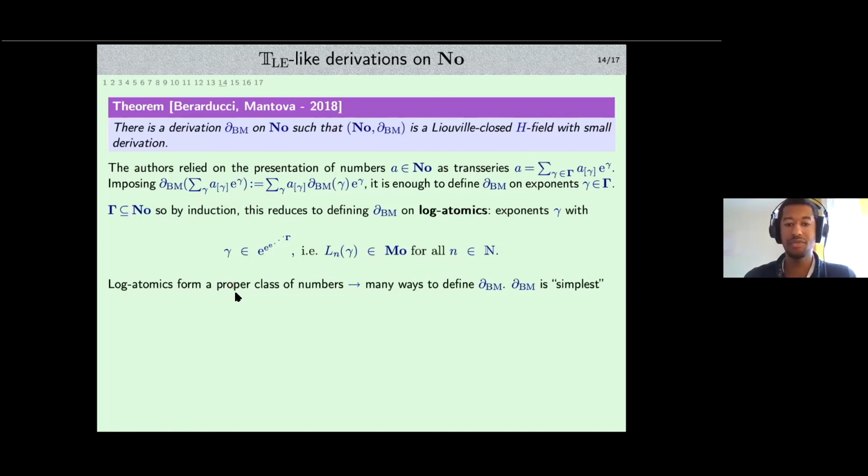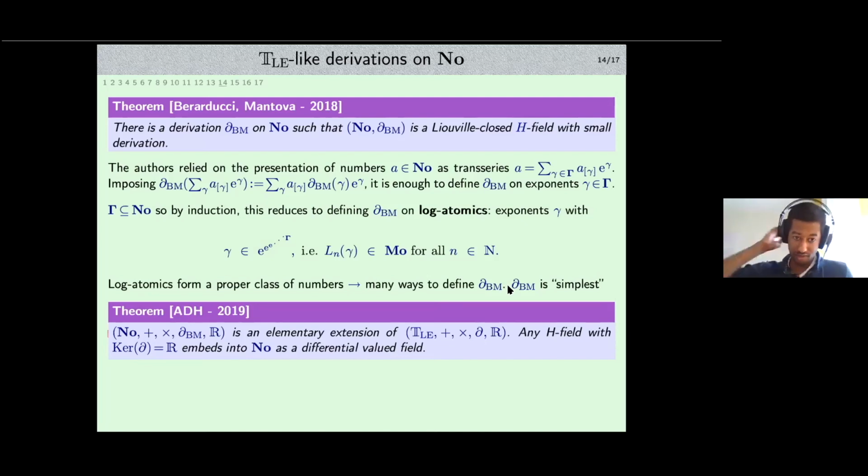If you define a derivation on this class of so-called logarithmics with a few inequality conditions, then you have a derivation on NO which has nice properties. The one problem is that there are a lot of numbers like this, those logarithmics, and so there are many ways to define the derivation, but Berarducci and Mantova found the simplest way to do it.